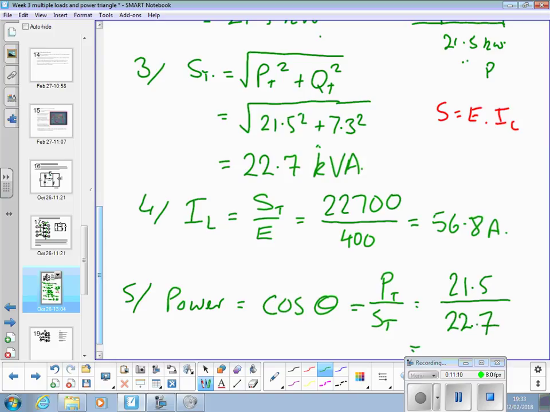Jolly good power factor, I'd say. 0.947.